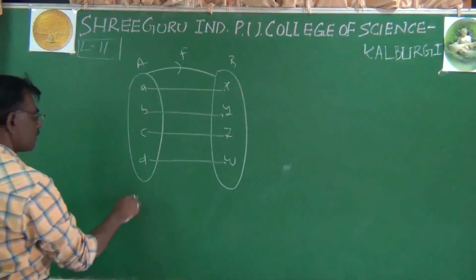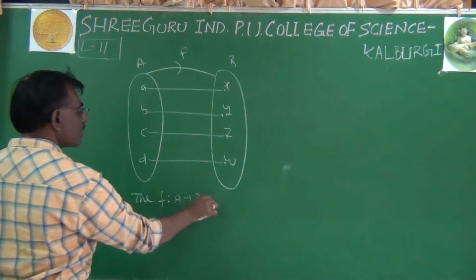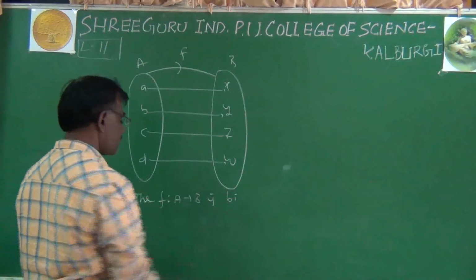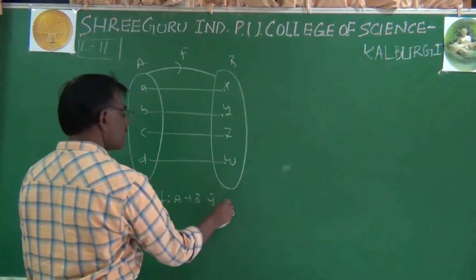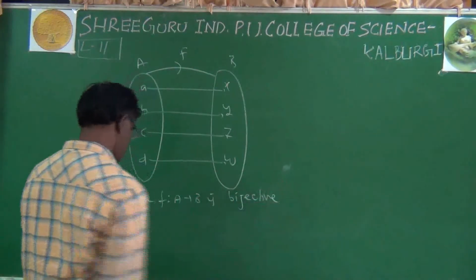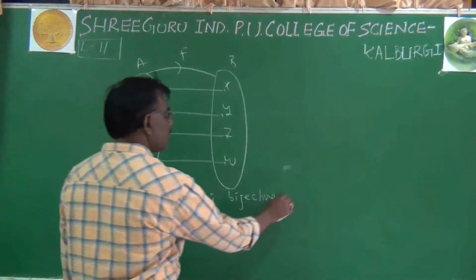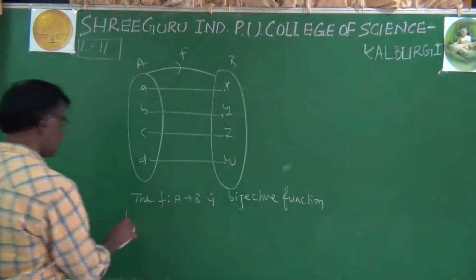The function f from A to B is a bijective function.